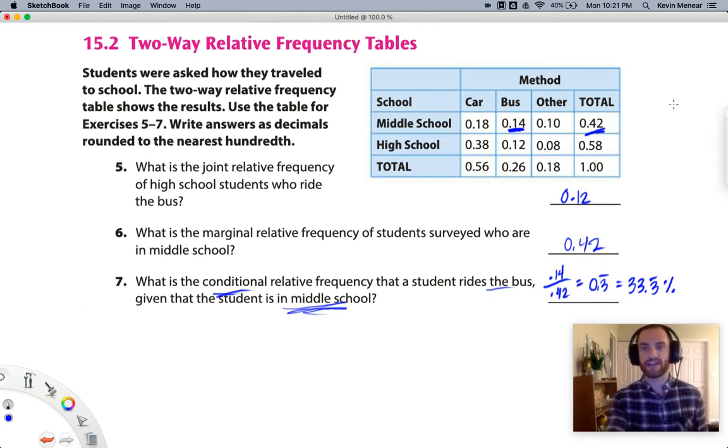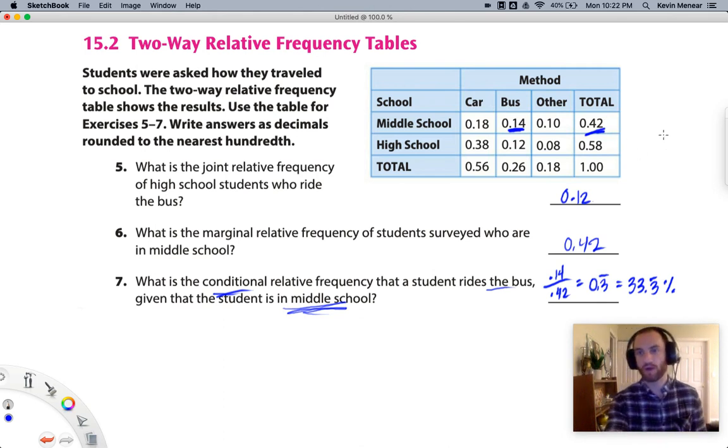So if there were 100 students and I found the conditional relative frequency of students that ride the bus, given that they're a middle schooler, then it would just be 14 over 42, which effectively is the same thing as doing 0.14 over 0.42. So to be very clear, this table will have the same proportions of this over this as just a regular frequency table that has whole numbers.